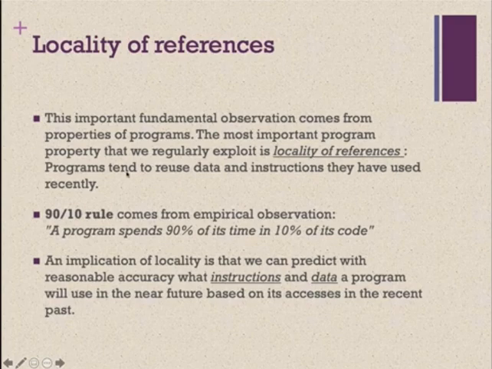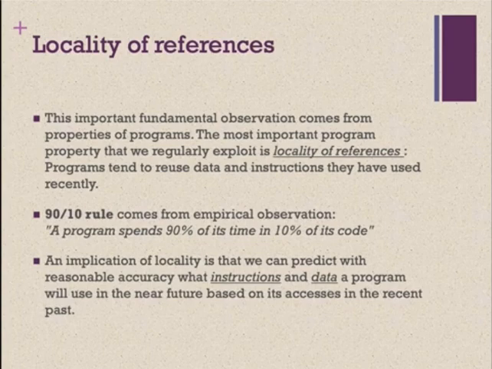It means that programs tend to reuse data and instructions they have used recently, which we also call the 90-10 rule. It means that a program spends 90% of its time in 10% of its code. Like if you write 100 lines of code, only 10 lines of code are executed 90% of the time.